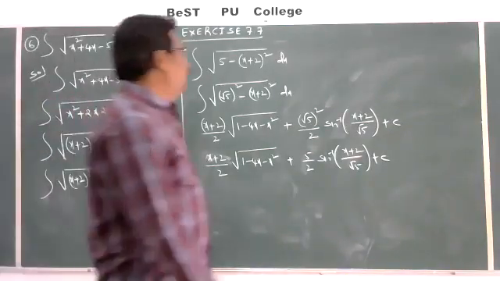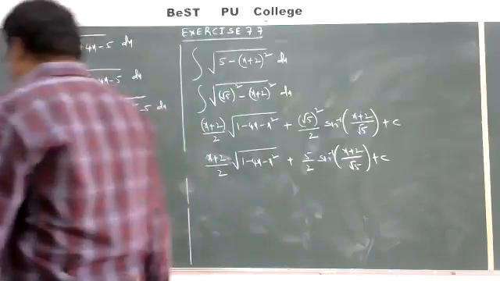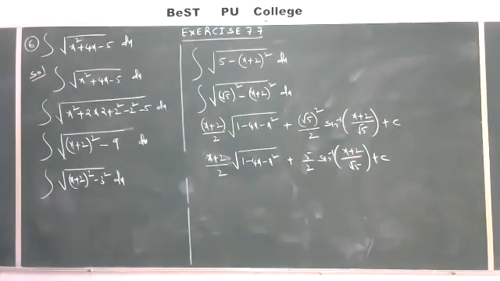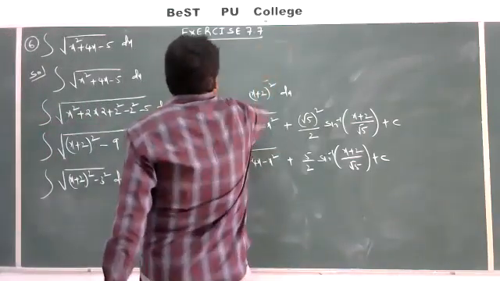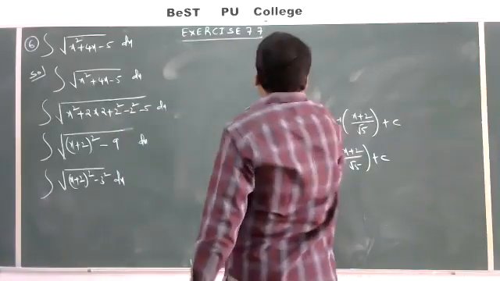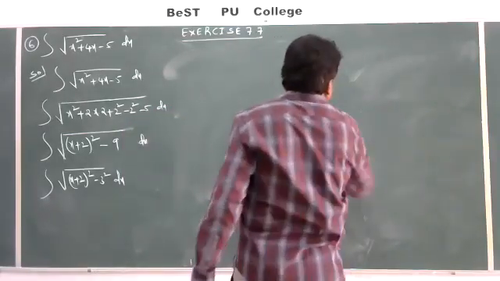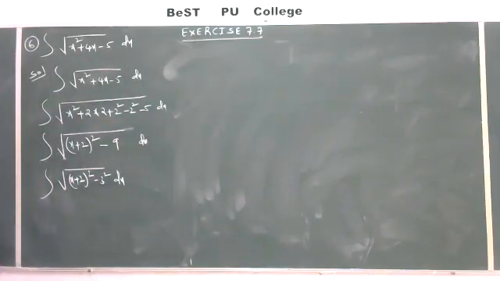This is in the form of root of x square minus a square. Here x is x plus 2.